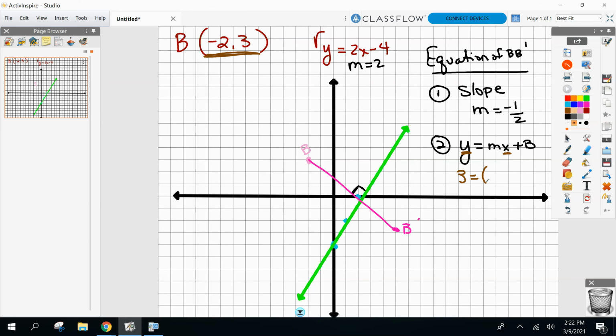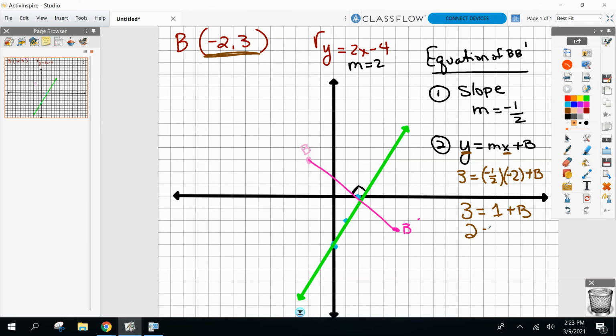M, we already found out in the previous part, was -1/2. X is -2. Plug in for B. So again, in for y and x, we need to plug in a point on B prime, which I was already given. All right, now solve it for B. What's that, 1?